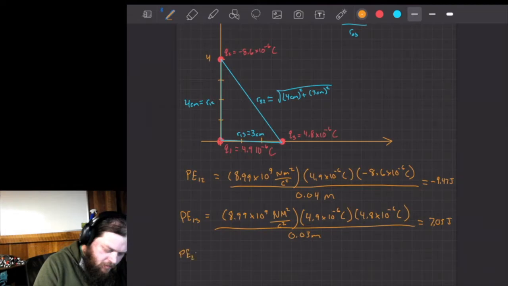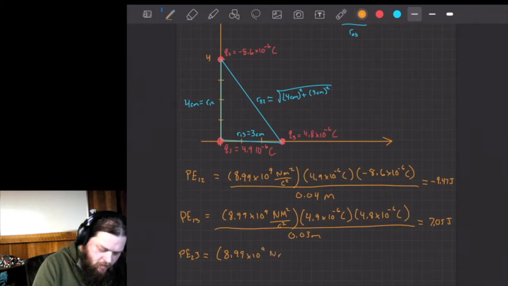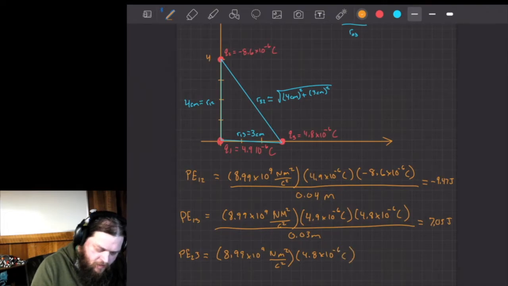PE of 2 to 3 is going to equal 8.99 times 10 to the 9th newton meters squared per coulomb squared, times 4.8 times 10 to the negative 6 coulombs, multiplied by a negative 8.6 times 10 to the negative 6 coulombs, and we're going to divide that.